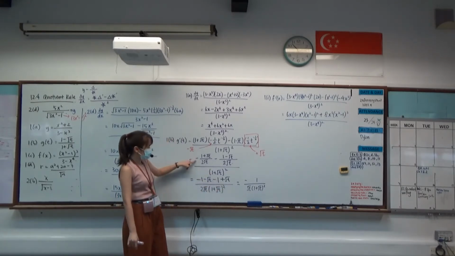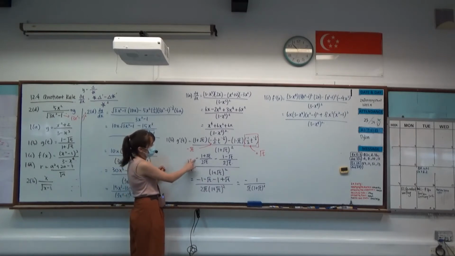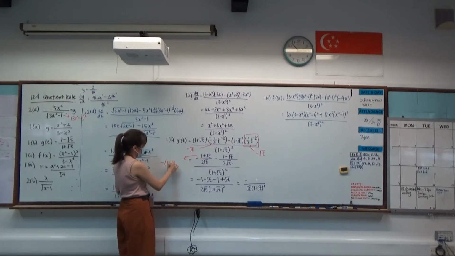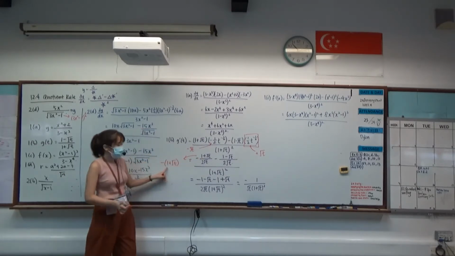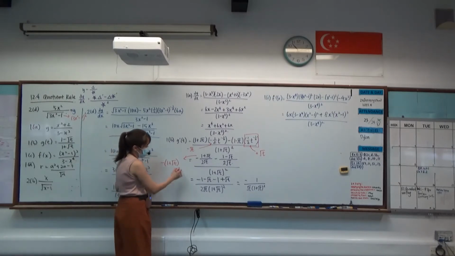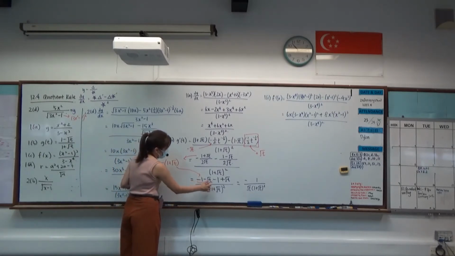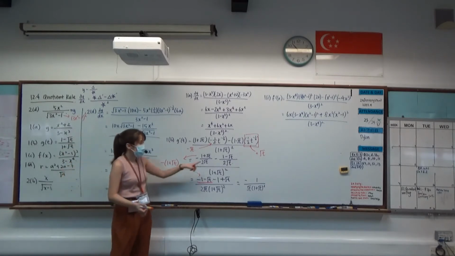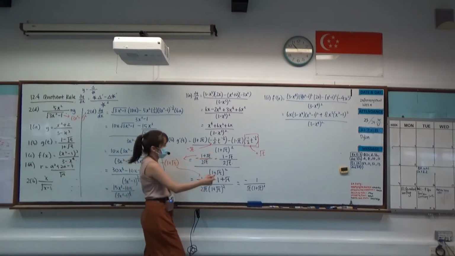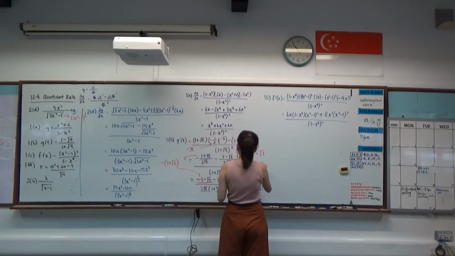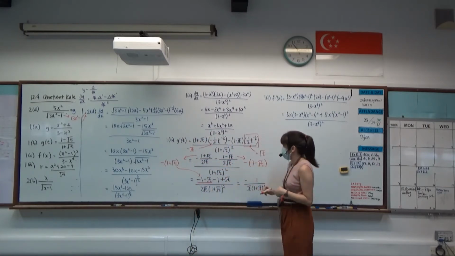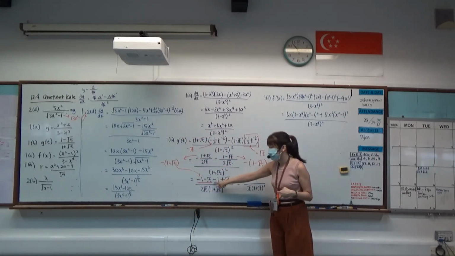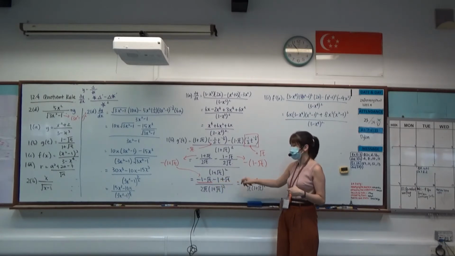Be very careful that this negative sign is outside of the 1 plus square root t. So this actually means that it is a negative bracket 1 plus square root t. That's why when I bring in the negative, I'm able to get this section here: negative 1 minus square root t. Likewise, this is a negative bracket 1 minus square root t. When I bring in the negative sign, it should be negative 1 plus square root t.